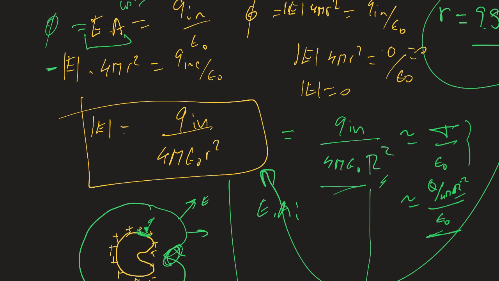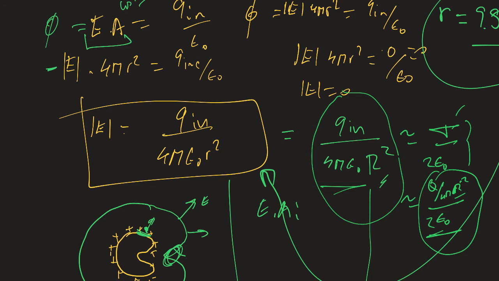I have proved to you that the electric field is sigma divided by 2 epsilon 0. So doing this calculation should be equal to doing this calculation. Oh, yeah, I see it, that is the same calculation.